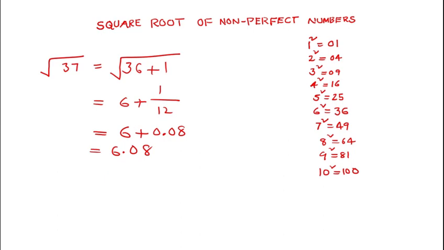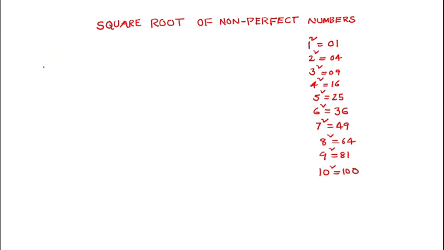Okay, next we will see the square root of 56. 56 is in between 49 and 64, that is 7 squared and 8 squared. So I can write it as 49 plus 7.